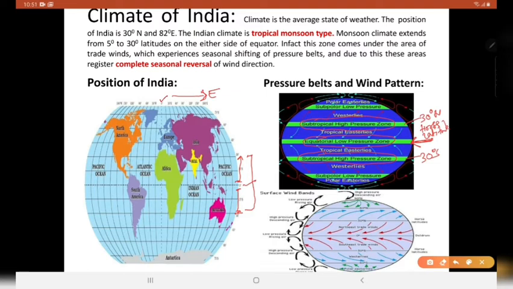Now, from the ground, this air moves in two directions, that is towards the equator and towards the subpolar region where pressure is low. So you can see the air moves in this direction and also in this direction.